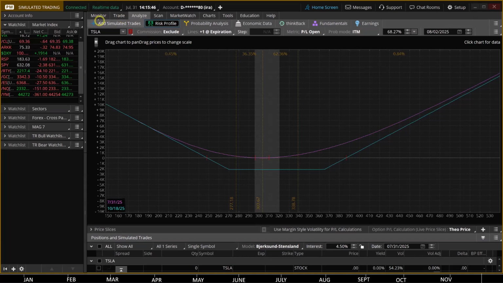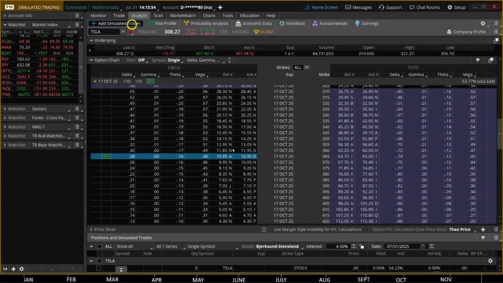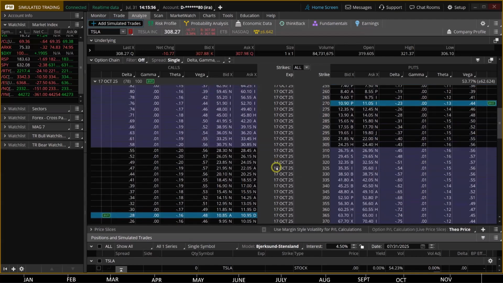Now, the reason I said I prefer it on TSLL, which was the question I was asked, is because the cost to get into this trade on the option side of the equation is going to be about $2,000 a contract. And I just felt like if I was going to do it on Tesla, I would rather do what's called a debit spread, which is basically buying the out of the money call option or out of the money put option, but selling a deeper out of the money option, creating a spread.